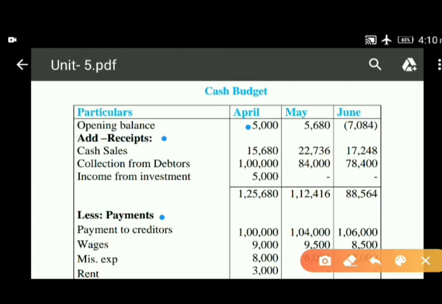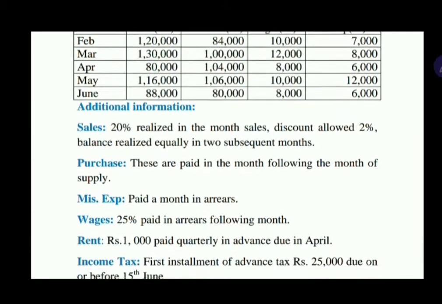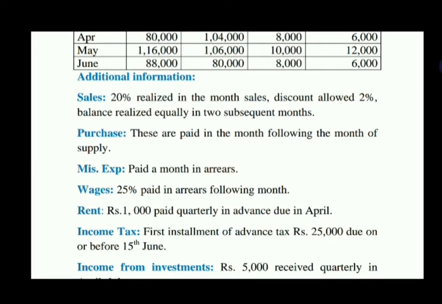So here, what are the receipts in the given problem? In the given problem, the receipts are, see here, sales. In sales there are cash sales and credit sales. So these two are receipts.